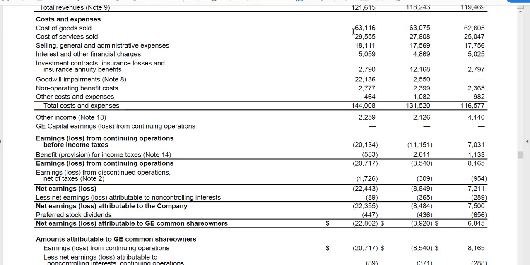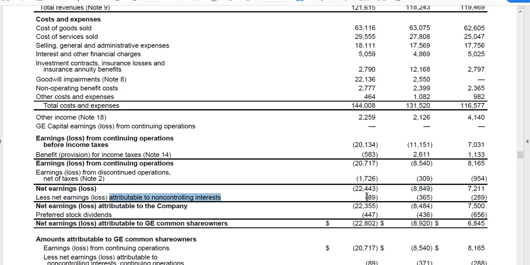So you can easily see the trends on the continuing business. So this is continuing operations up here. This is discontinued operations. Okay? Then they have net earnings, net income, and then the non-controlling interest.